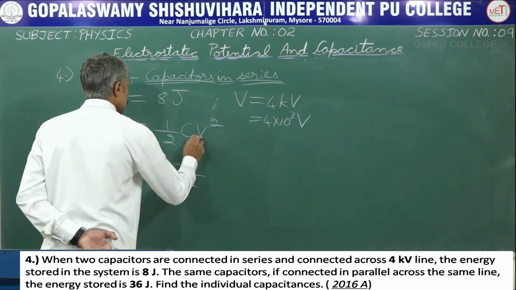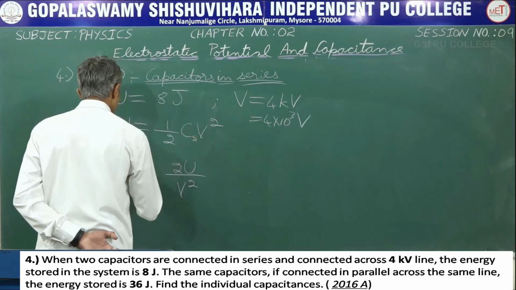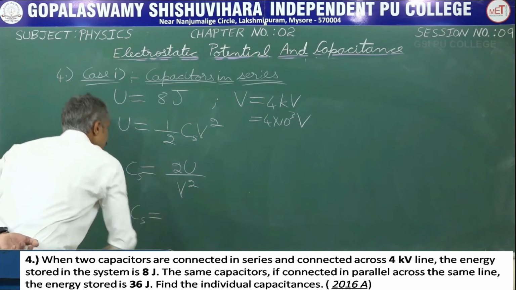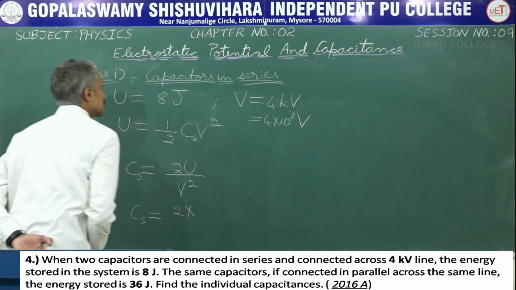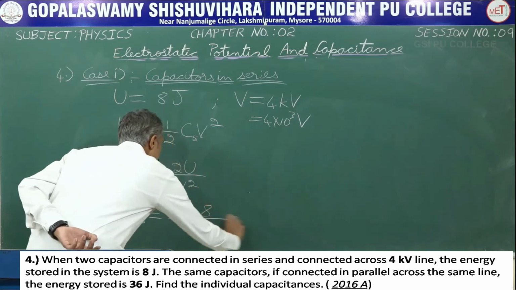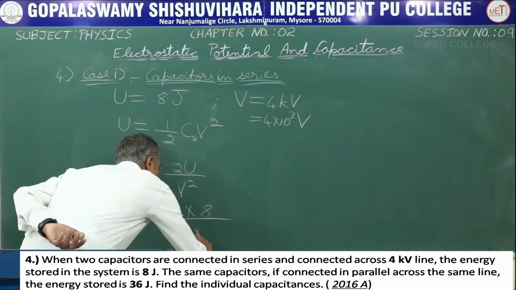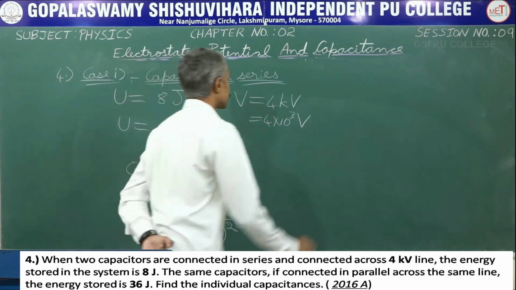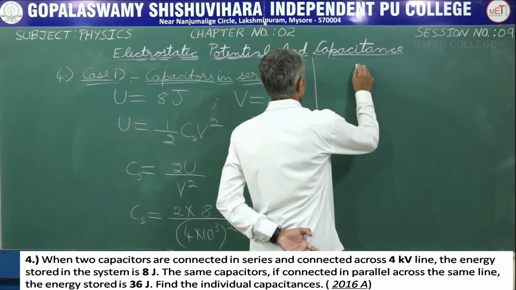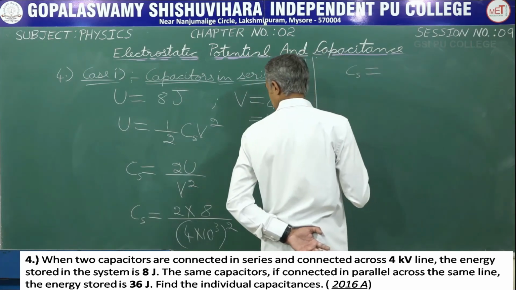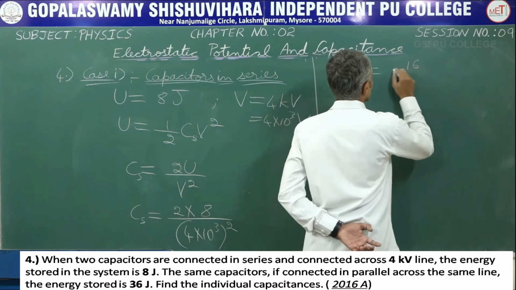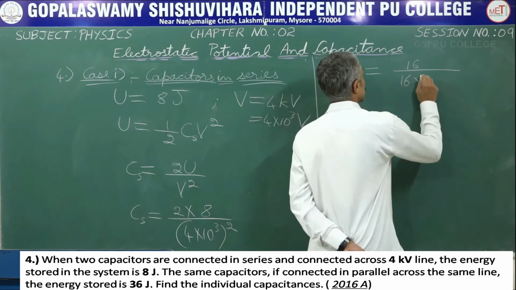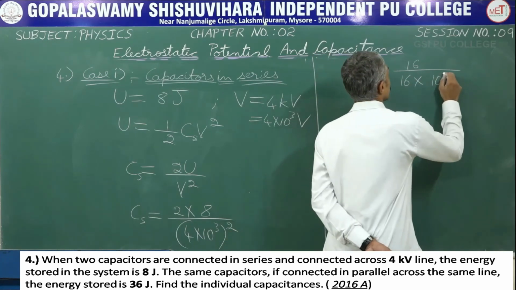So we will take this as the equivalent capacitance in series. Let us calculate this. So this is going to be 2 into 8 divided by 4 into 10 to the power of 3 whole square. So the equivalent capacitance in series is going to be 16, 2 into 8 is 16, 4 square you will get again as 16, 10 to the power of 3 square is 10 to the power of 6.